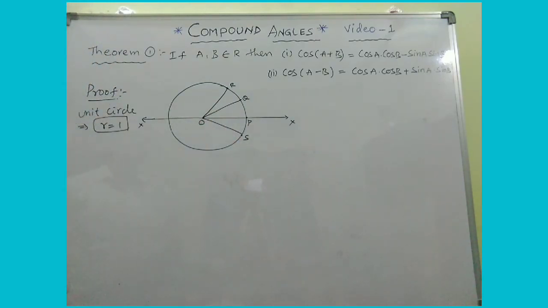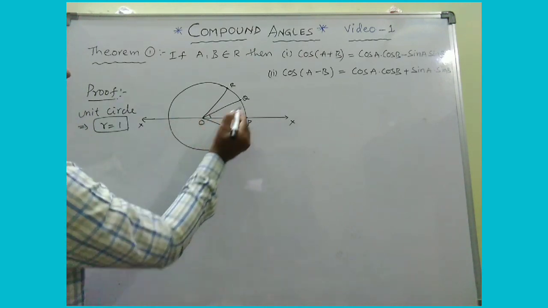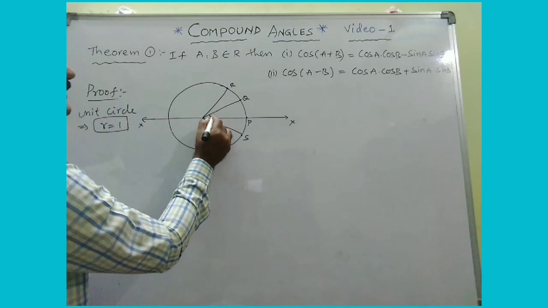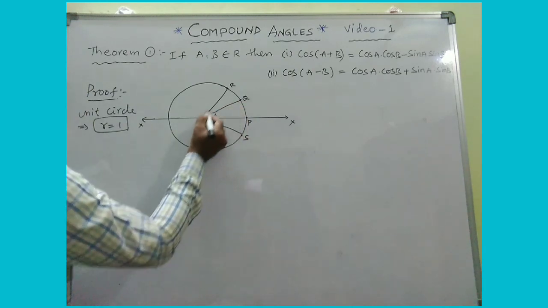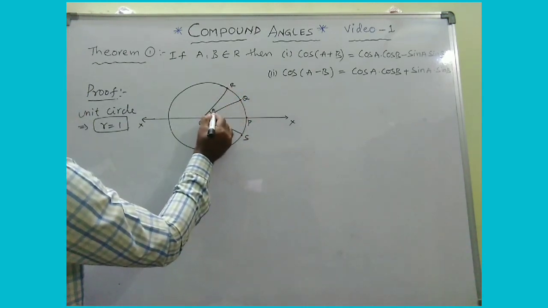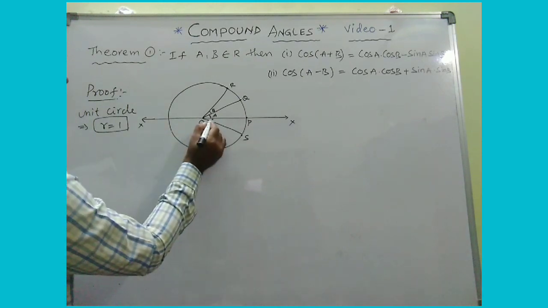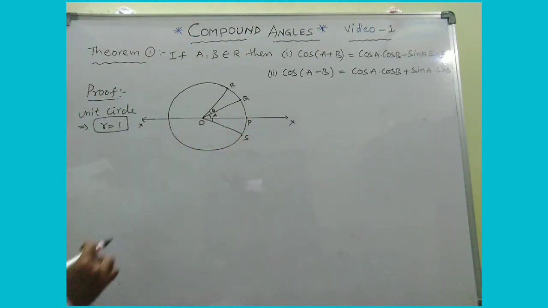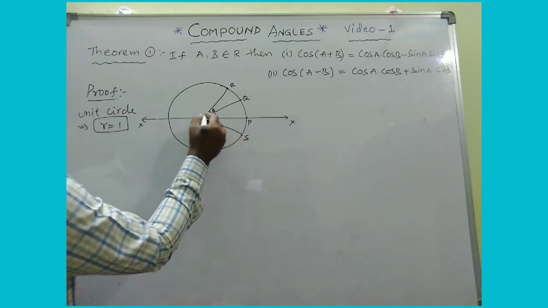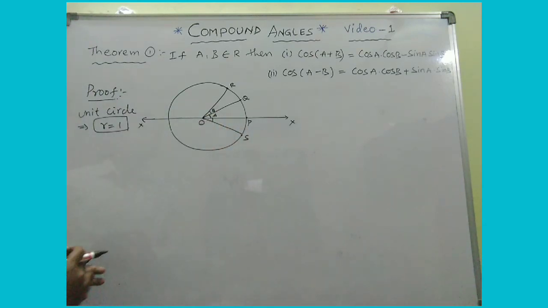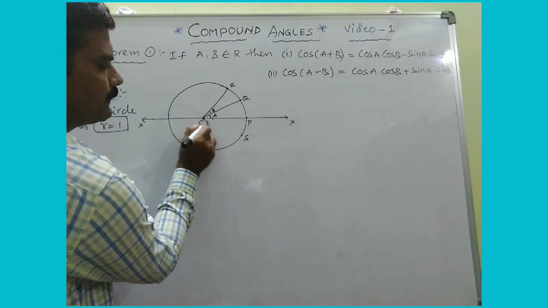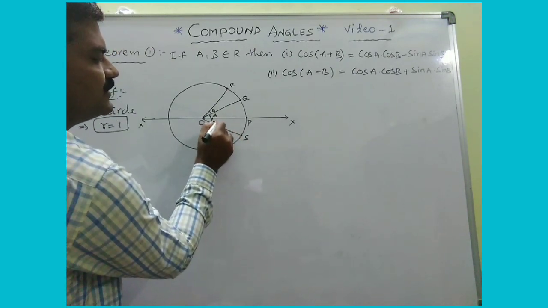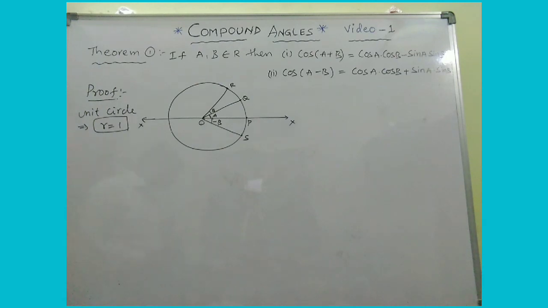Let us assume that angle QOP is equal to angle A, angle QOR is equal to angle B, and angle POS is equal to, because of the negative direction, minus B.